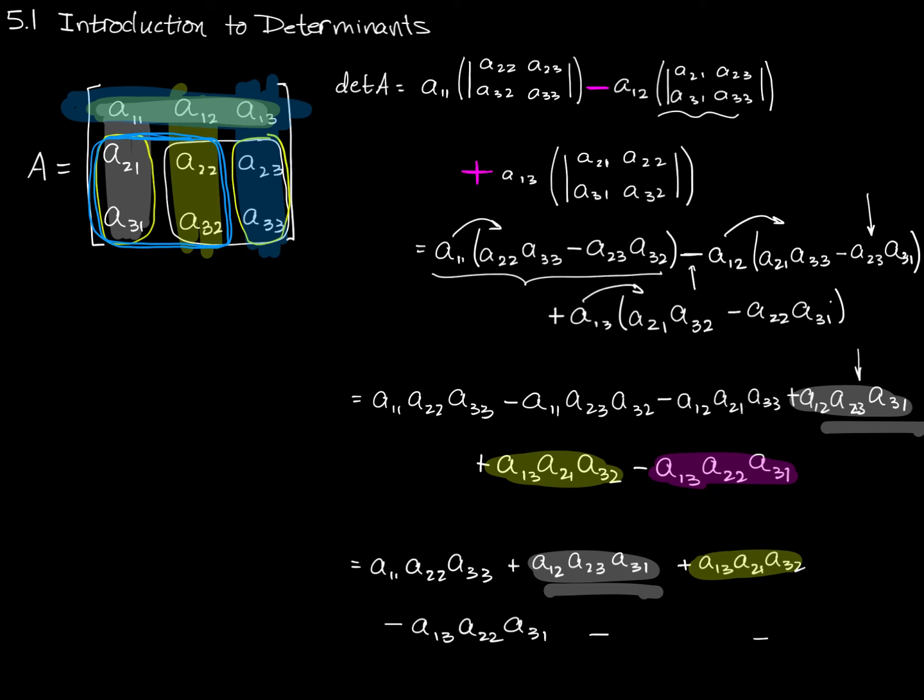And then the next one is A11, A23, A32. And that leaves A12, A21, A33. And that's also a negative. So the definition given in the textbook is just given in a slightly different order.